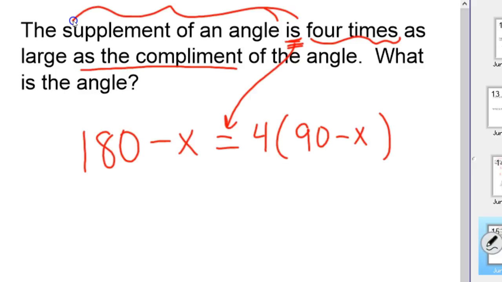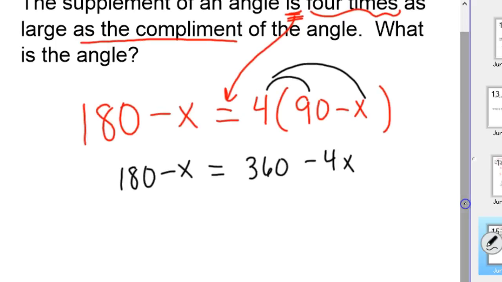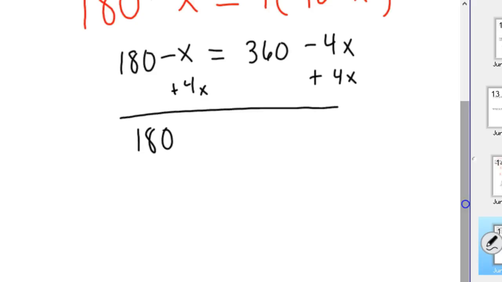So 180 minus x, nothing to do there, but we can distribute the 4 through. So we'd have 180 minus x equals 4 times 90 is 360 minus 4x. We want our numbers on one side of the equation, our variables on the other. So I'm going to go ahead and add the 4x over here. And so you'd have 180 plus 3x equals 360.